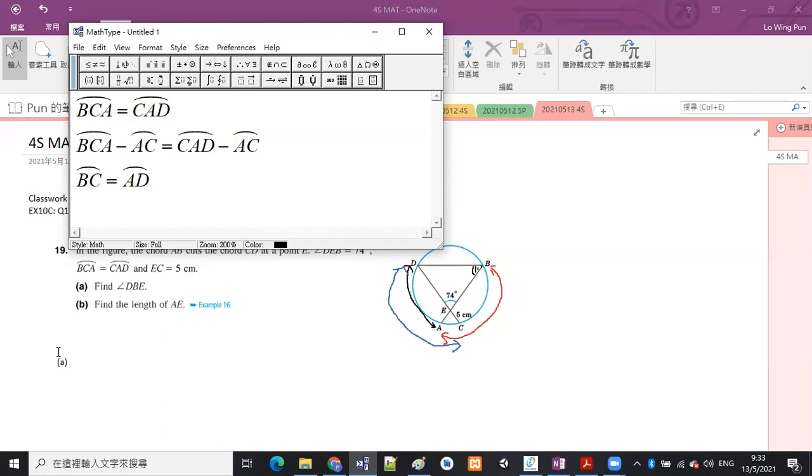So these two angles will also be equal. And this result is supported by the reason equal arcs, equal angles. Can you get this?